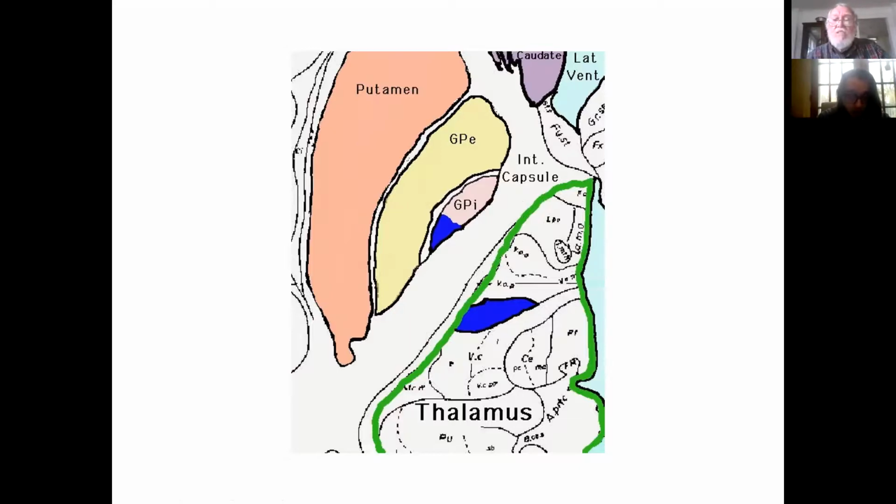fibers. So we have these seven terms that subdivide all different aspects of the basal ganglia based on cytoarchitecture, based on nuclei, and based on location.